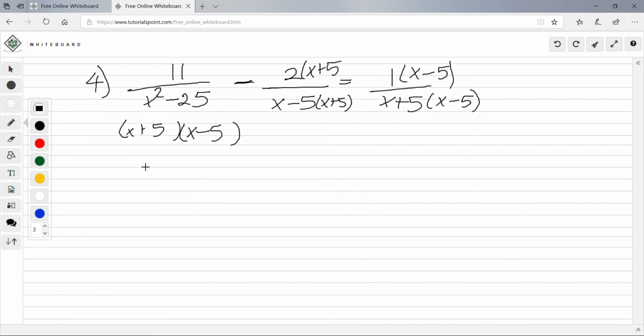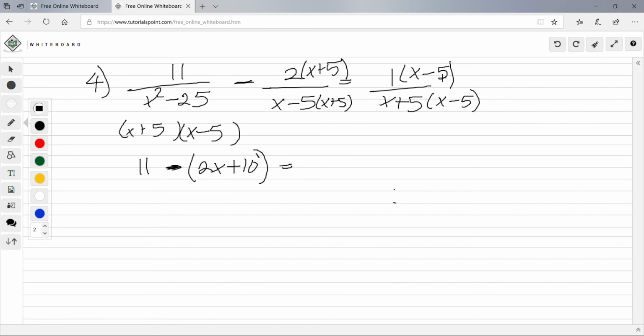So it would be 11 minus, and I'm going to put parentheses, 2 times x plus 5 is 2x plus 10. And then you have to distribute that negative, so that's why I'm putting in parentheses.